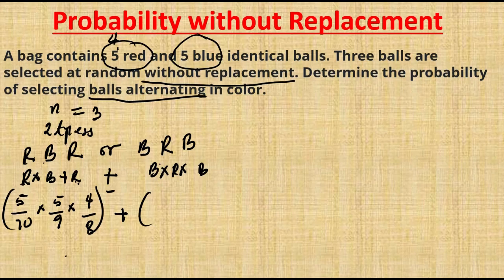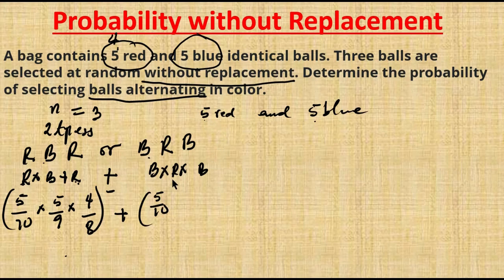Now, the probability of having my first ball this time around to be blue, we have our set of balls back. I have 5 red balls and I have 5 blue balls. The probability of having the first ball now to be blue will be 5 over 10. I still have 5 red balls, but I have 9 balls in total.